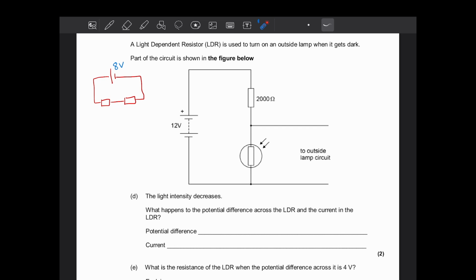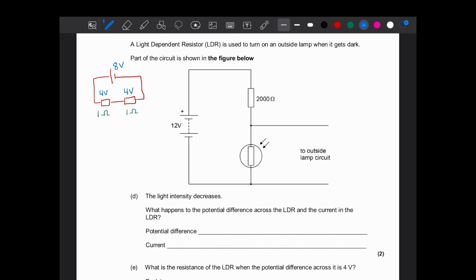It's their ratio. So for instance, let's say one resistor had a value of 1 ohm and the other had a value of 1 ohm as well. We'll start simple. The potential difference then splits evenly between them. So there'd be 4 volts across the first resistor and 4 volts across the second. Nice and easy. But what happens if that ratio changes?